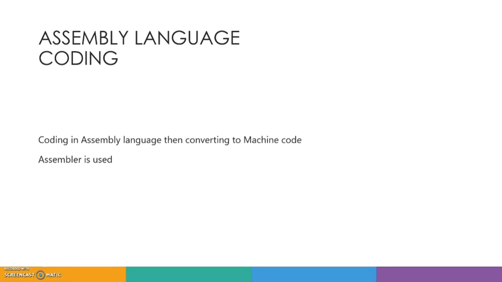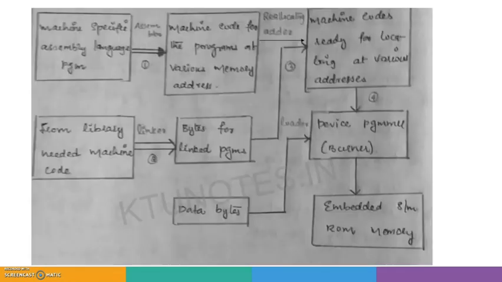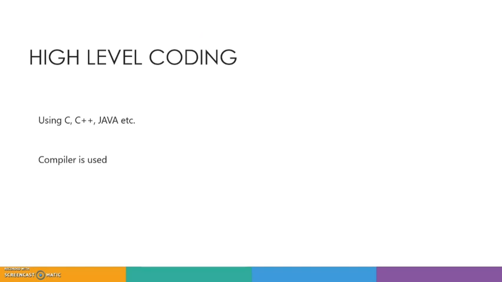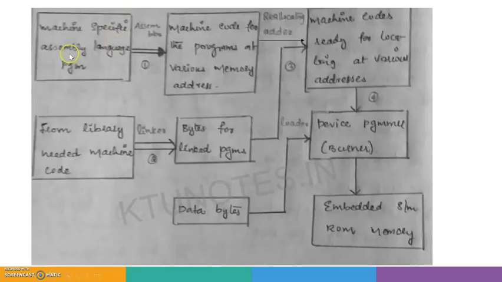Next, let us see how an assembler and assembling is happening. I hope you can see the images. Here, this is the assembly language program which we have done. In the arrow, I have put a 1. There we are actually using an assembler.